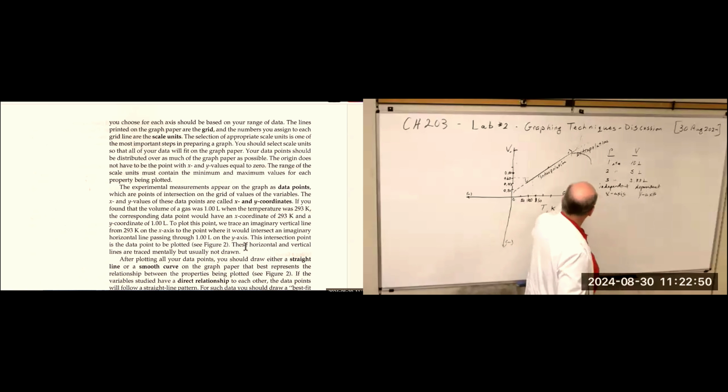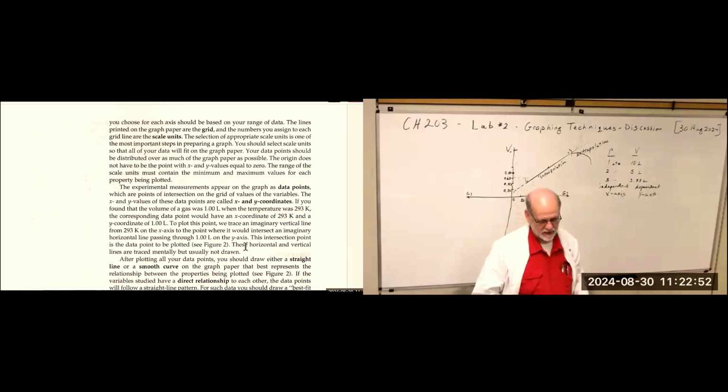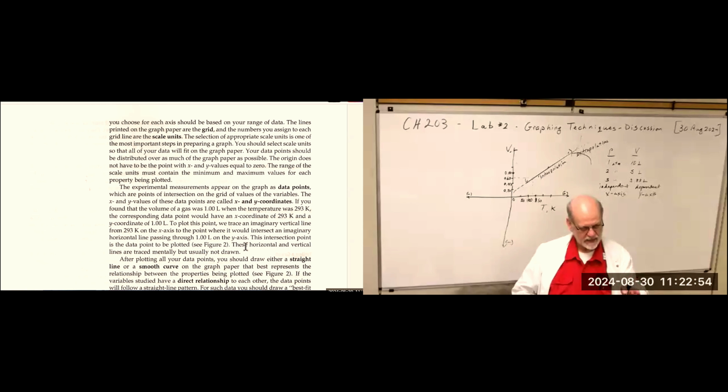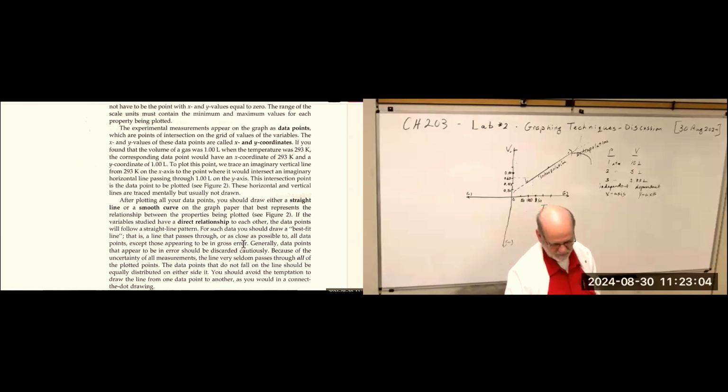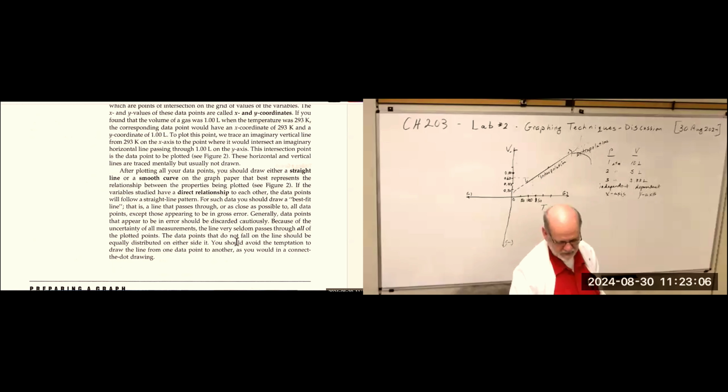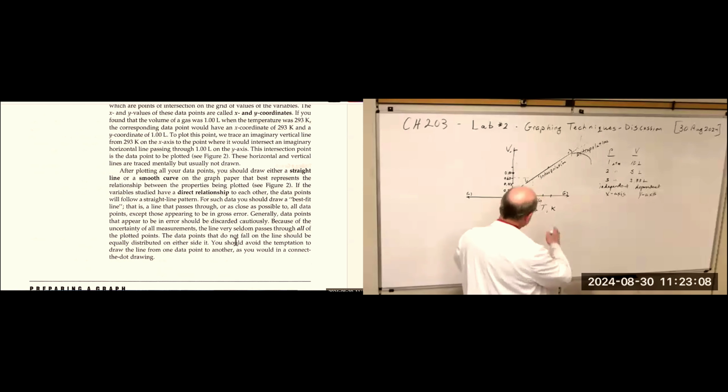Then these data points are represented by X and Y values, right? The independent variable and the dependent variable numbers. Best fit curve. Okay. Now with this one, notice that as the temperature increases, the volume increases.